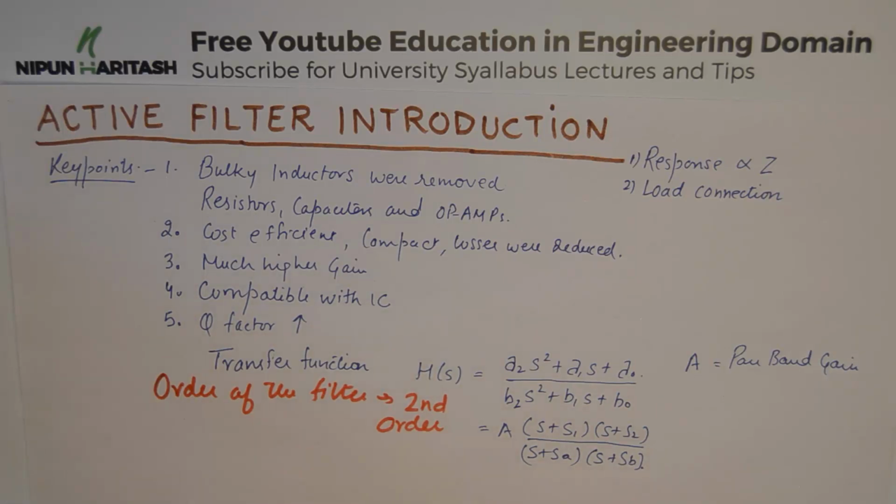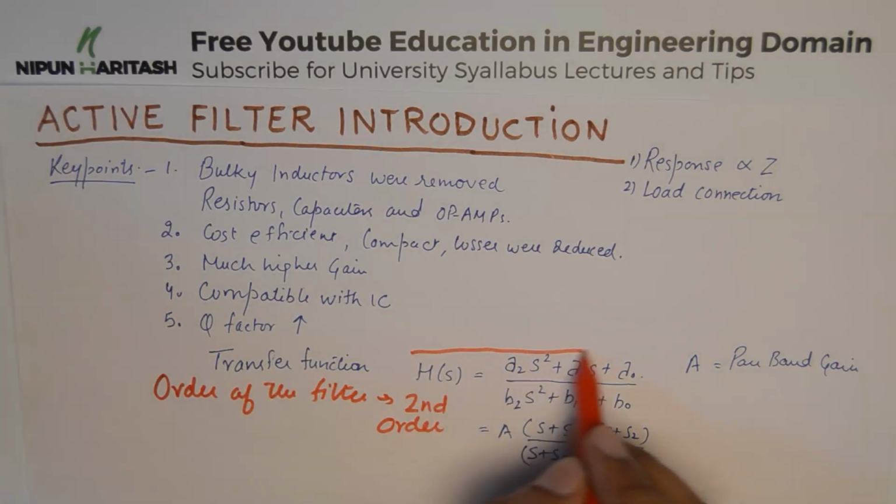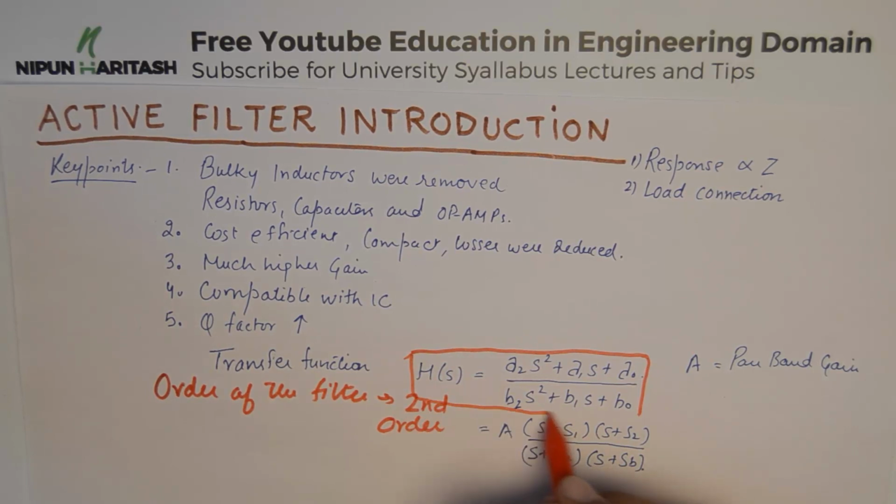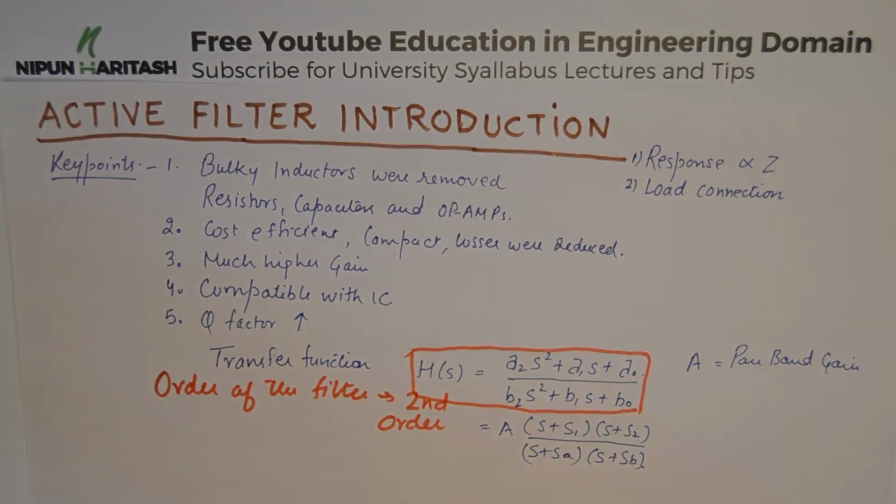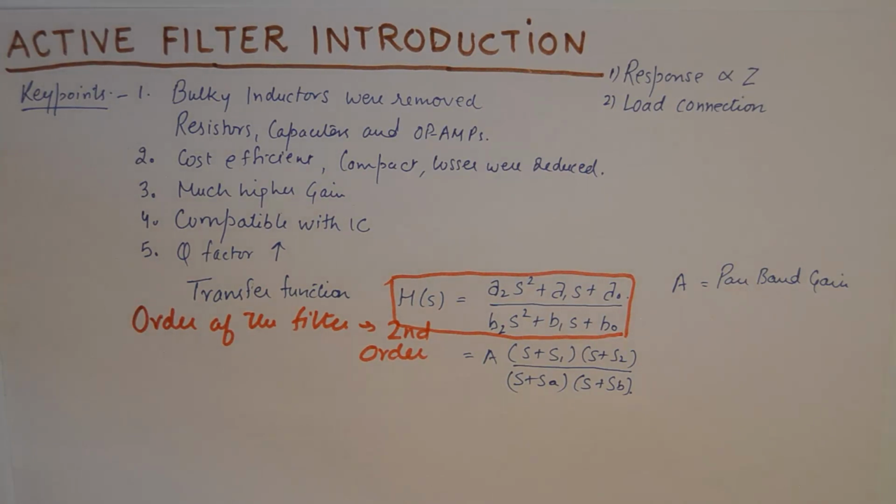Now once we know that the filter itself is represented or governed by this transfer function H of s, the overall behavior of this filter, whether it is going to behave like a low pass filter or a high pass filter or a band pass filter or a band stop filter, will be established by adjusting the coefficients a0, a1 and a2 in the numerator polynomial.